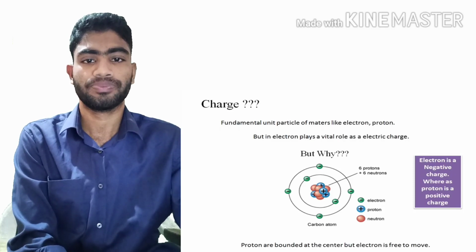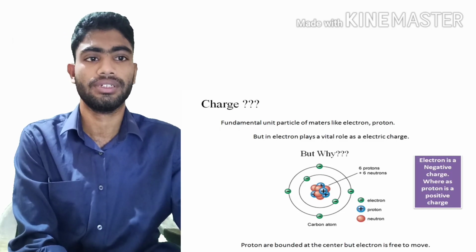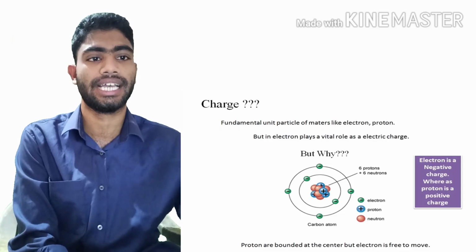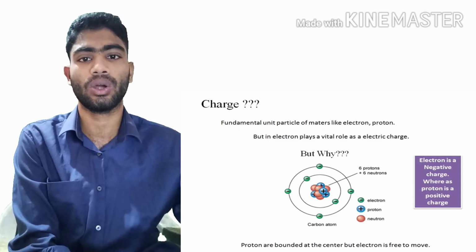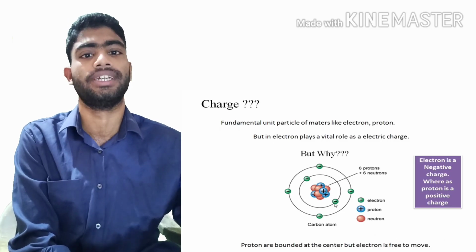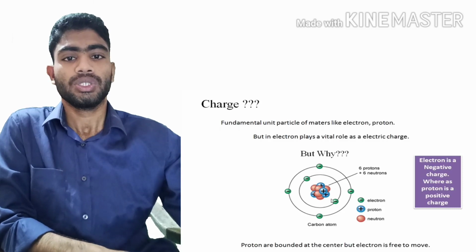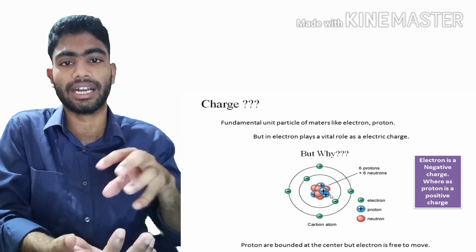To clear your confusion, let me take an example. Look at this structure. This is the structure of an atom, and it shows how the electron, proton and neutron are distributed inside the atom. The proton and neutron are at the center, combined to each other.